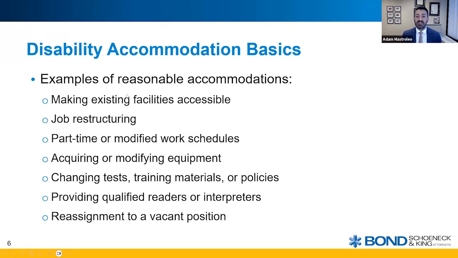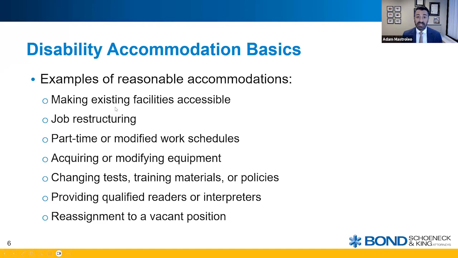Examples of some specific reasonable accommodations include making existing facilities accessible, including ramps, things like that. Job restructuring, maybe you need to alter the duties of a particular individual with a disability as an accommodation. Part-time or modified work schedules, this includes potential leave as an accommodation.